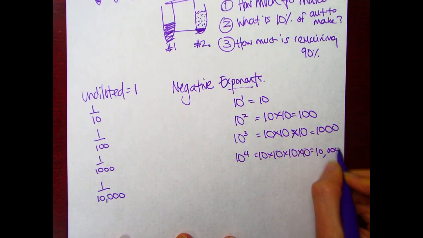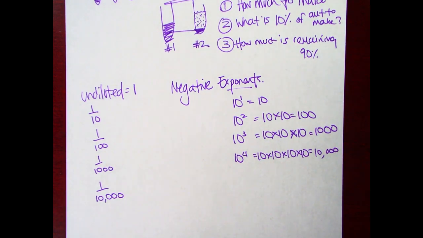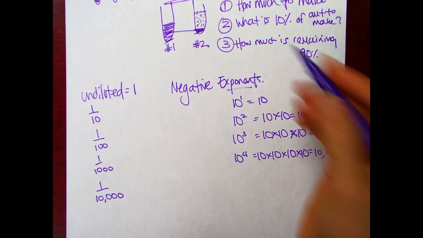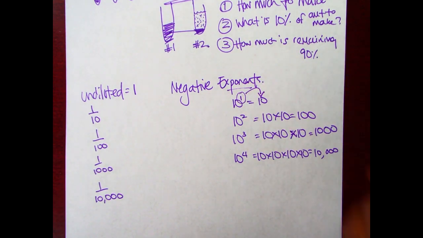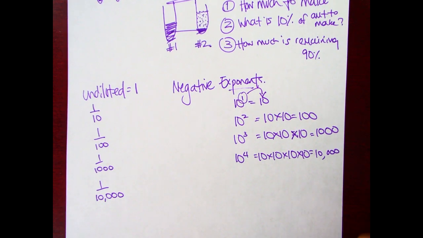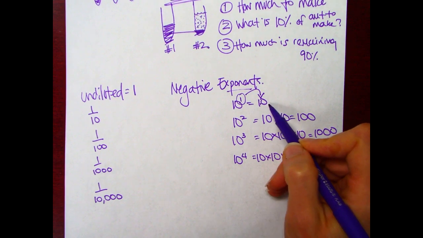That is 10,000. Another thing you will notice, if you have learned about exponents before, is that when you are doing exponents of the number 10, the exponent number is going to match the number of zeros in your final number. So 10 to the 1 is one number 10, which has 1 zero.